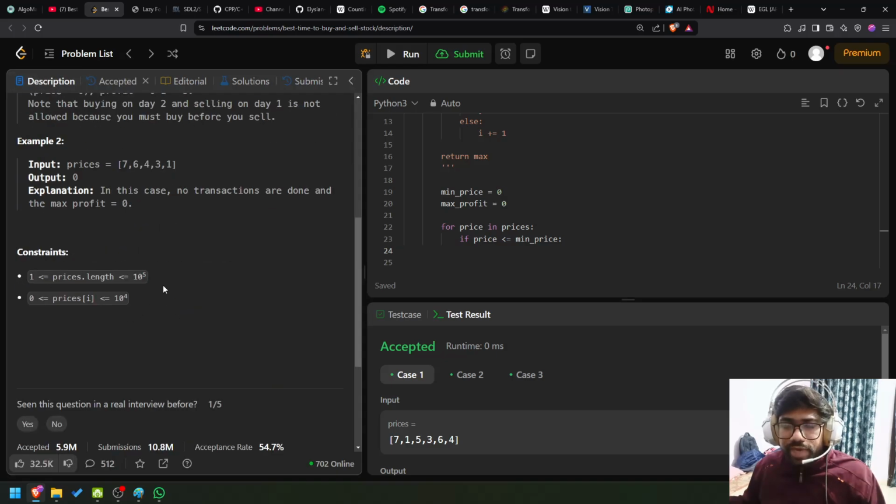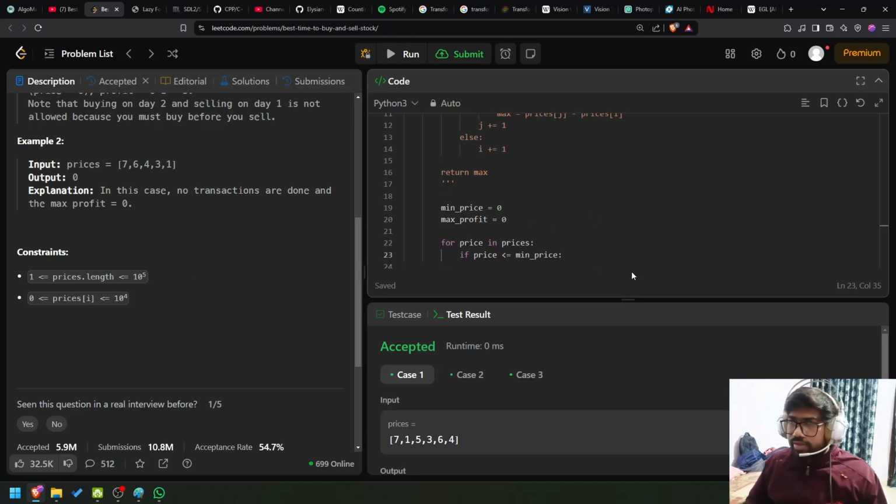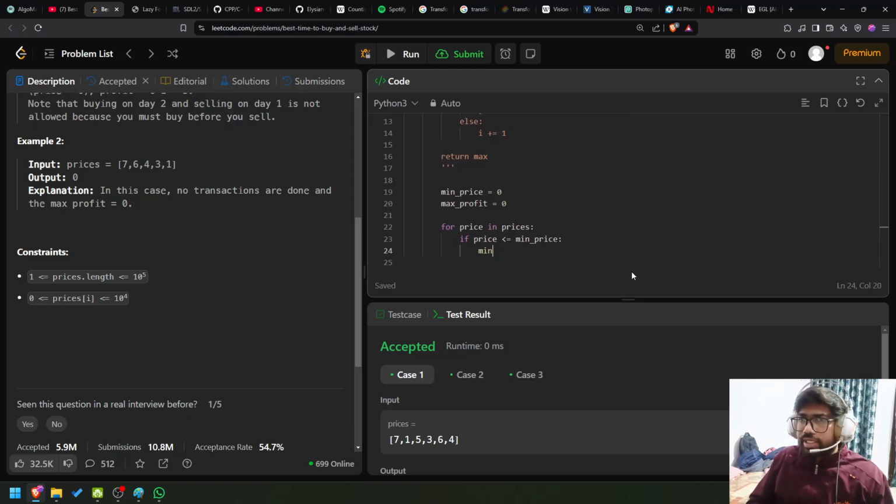What are the values? Price of 0 is greater than or equal to 0, less than or equal to 10. Sure. Okay, if price is less than or equal to min price, then I'll update. Okay, if it is equal, then I don't need to check it, right?